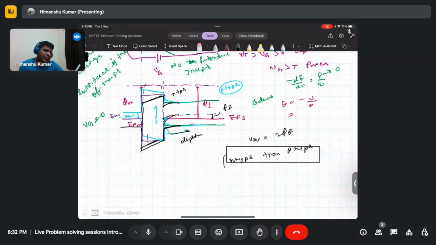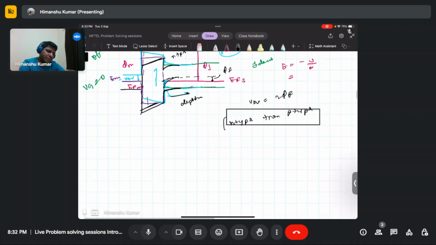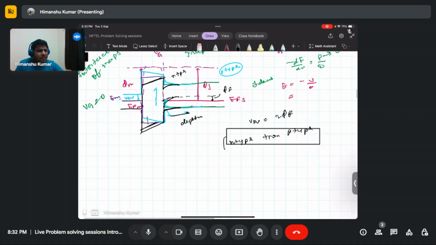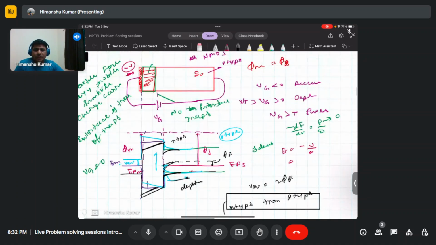After that, if you apply a more negative gate bias, we will discuss later what the strong inversion region is. So these are the main regimes of operation for MOSCAP: accumulation, depletion, and inversion.